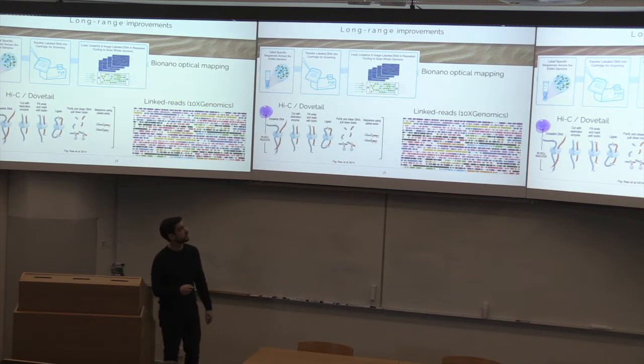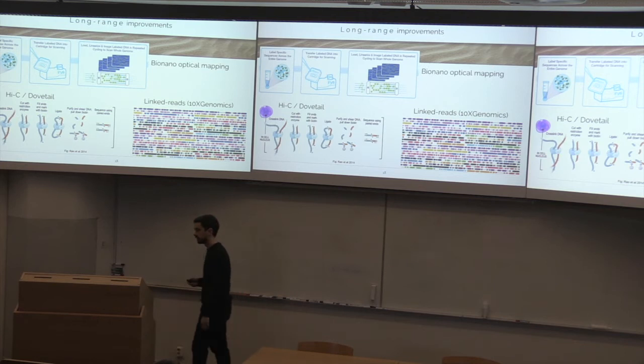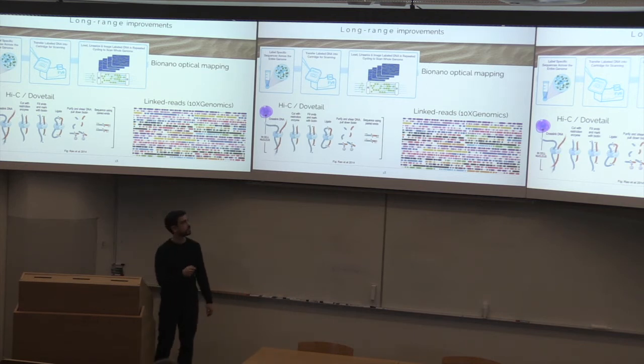And all 3 techniques really can be used for more than just assemblies, such as finding structural variants and so on, but they can also be used to improve an assembly. So typically, in a typical sequencing project where the aim is to get a good genome, then it's recommended to do one of those 3, if not a combination of those 3. I'll quickly mention some results on, I think it's going to be Bionano later.